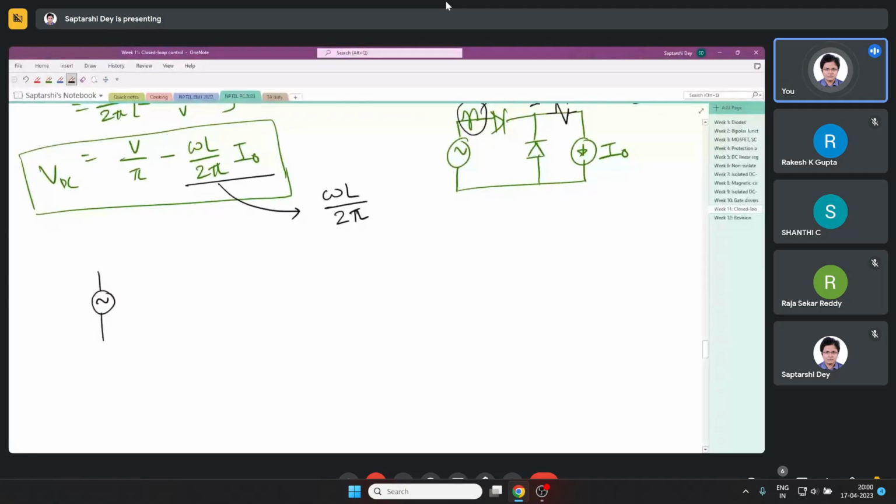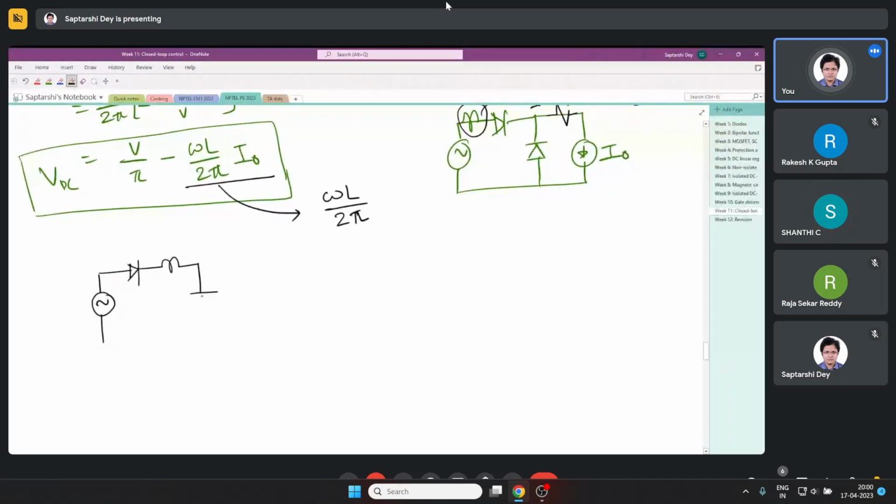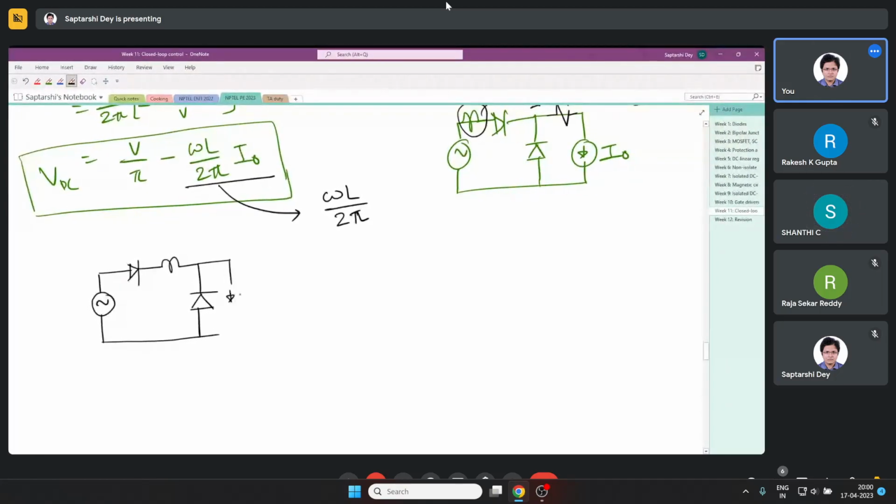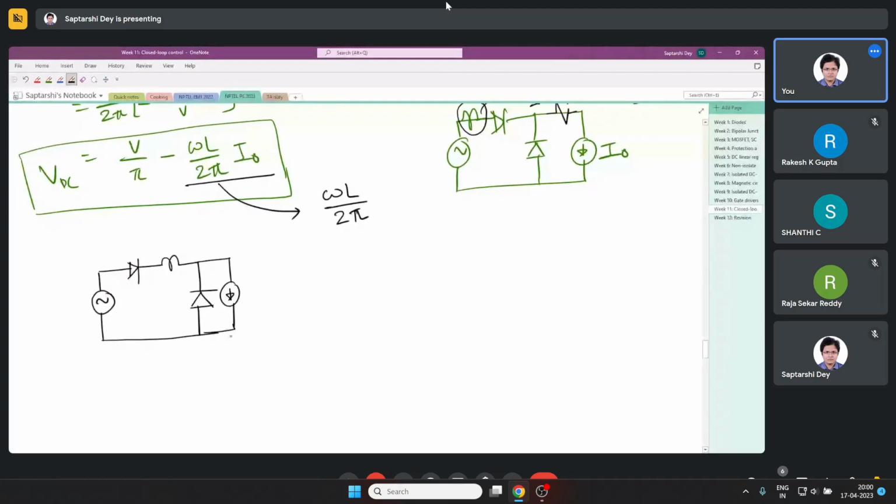In that case, we cannot call it a source inductance anymore, because the source inductance is not available to you. No, the behavior does not change. The behavior will be the same, since the inductance is small.